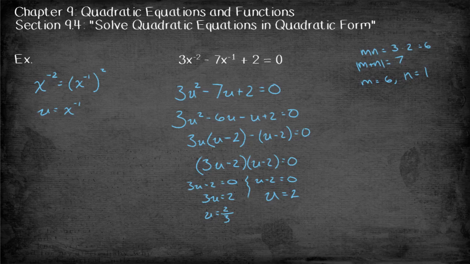And then we go back to our original variable. So we'll have x to the -1 is equal to 2/3. x to the -1 is equal to 2. Remember that a negative exponent really just means reciprocal. So the reciprocal of 2/3 would be 3/2, and the reciprocal of 2 would be 1/2.